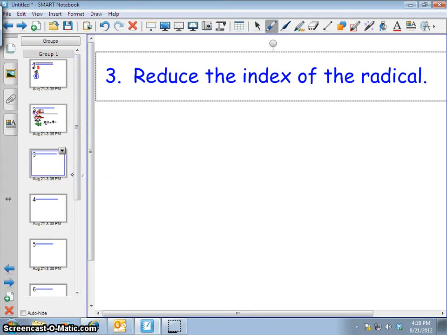Number 3, reduce the index of the radical. If you have something like the 6th root of x to the 3rd power, we are going to reduce the index by rewriting it so our 6 is actually a smaller number. So use the properties that we studied the other day and rewrite this problem as x to the 3/6 power.